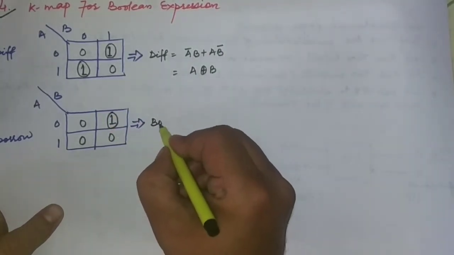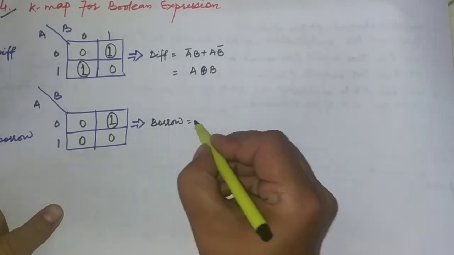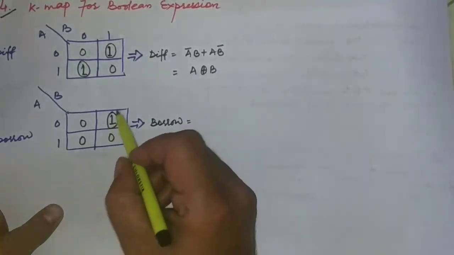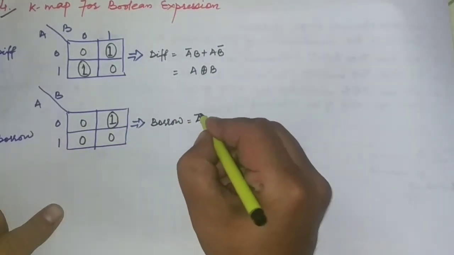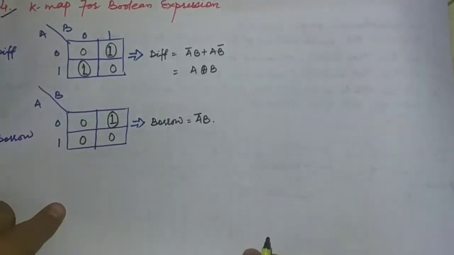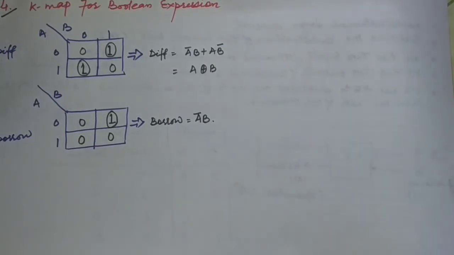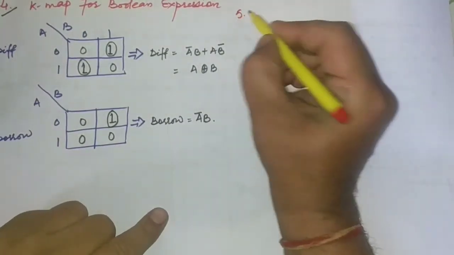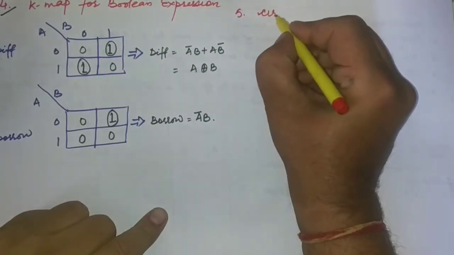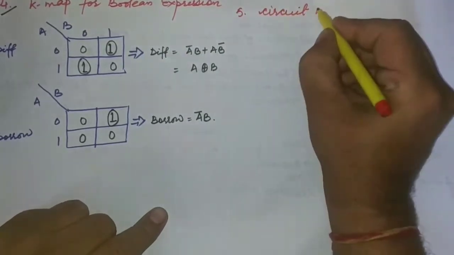So for borrow the Boolean expression we require is A bar B. So this is the Boolean expression for a half subtractor. And now the last point is its circuit diagram.